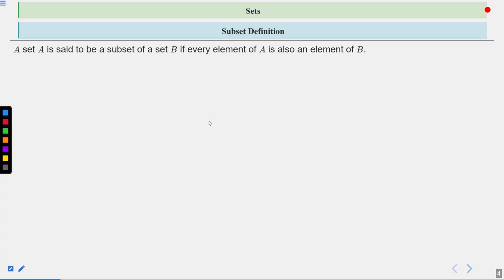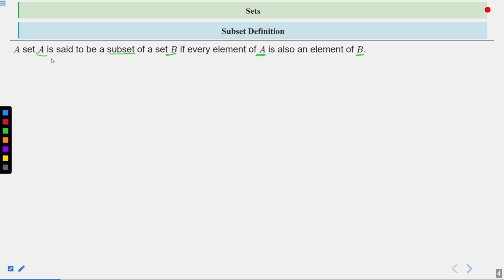First of all, what do we understand by this word subset? So if you are having a set A, simply a set A is said to be a subset of another set B if every element from set A is also a member or element of set B. Simple.